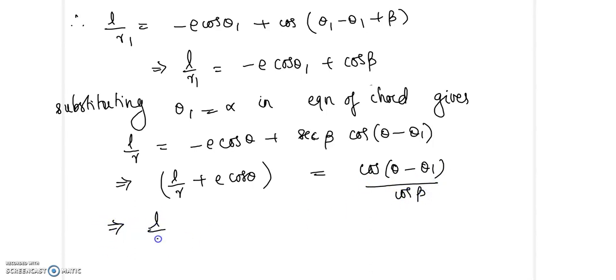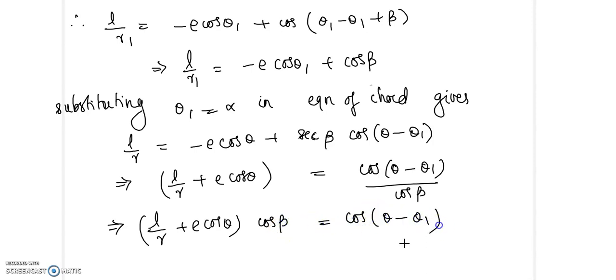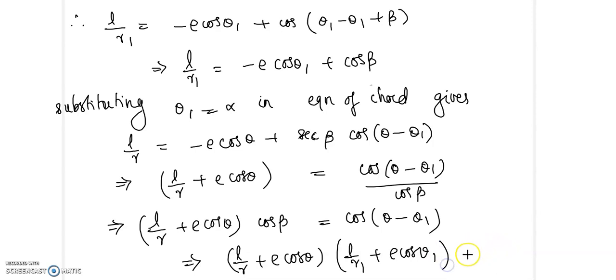So that will be L by R plus E cos theta into, now from this equation cos theta will be L by R1 plus E cos theta 1.